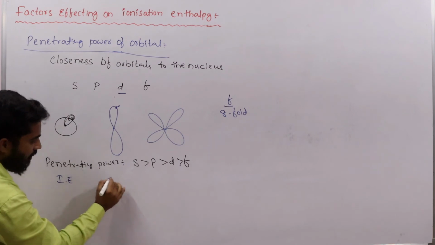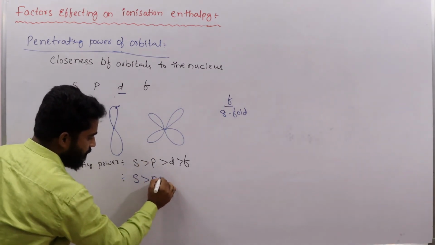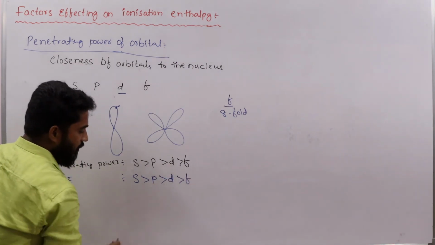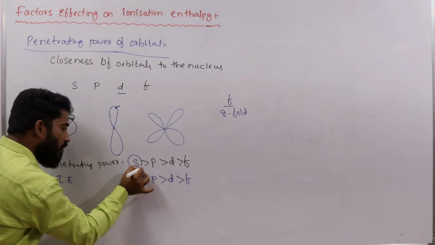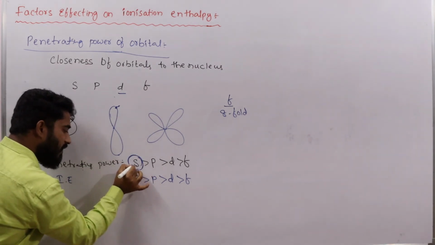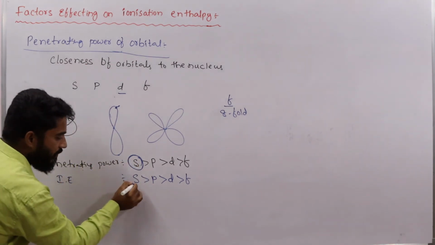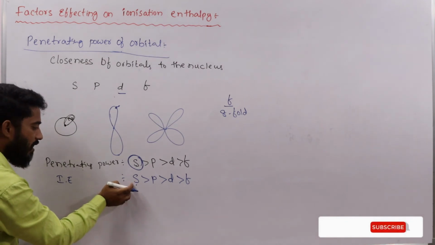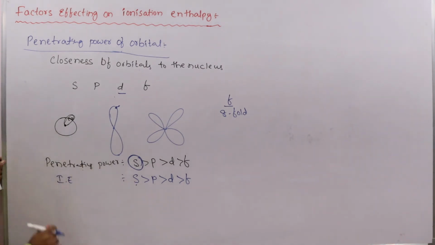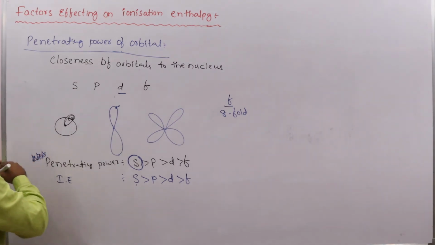Ionization enthalpy also decreases. That's why s is greater than p, then d, then f. Due to more closeness to the nucleus, the electron present in the s orbital requires more energy. That's why the s orbital has more ionization enthalpy. So remember this very important order.